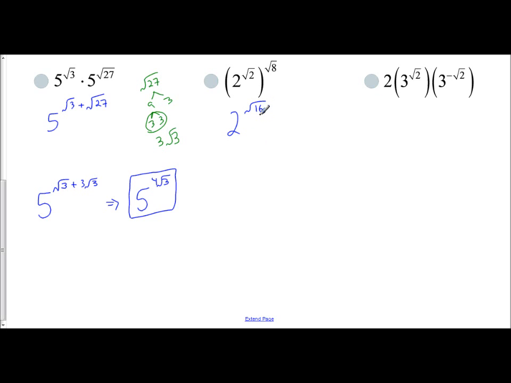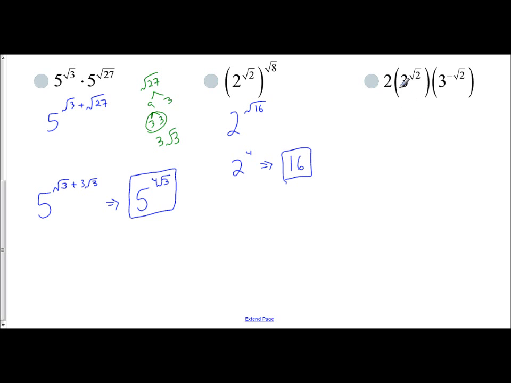So I have 2 to the square root of 16 power. Well, the square root of 16 is 4. And so really I have 2 to the 4th power. And 2 to the 4th power is 16. And so we had to check, can our radical be simplified? If it can, we have to perform that simplification and then make sure we can get the answer from there.